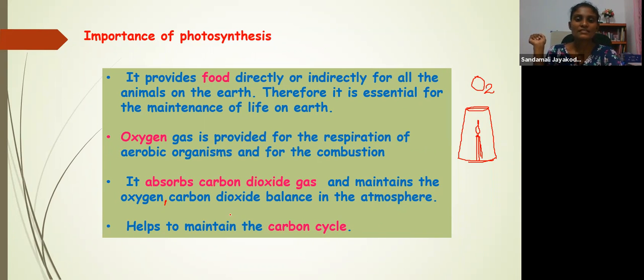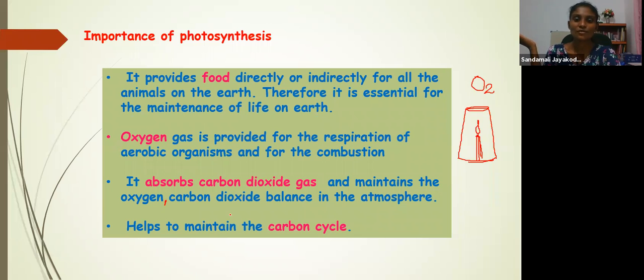So carbon dioxide absorption by the plants is getting lower, emission getting higher, and absorption getting lower. So in the end, the amount of carbon dioxide in the atmosphere increases.